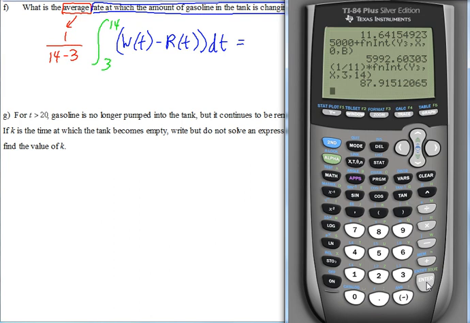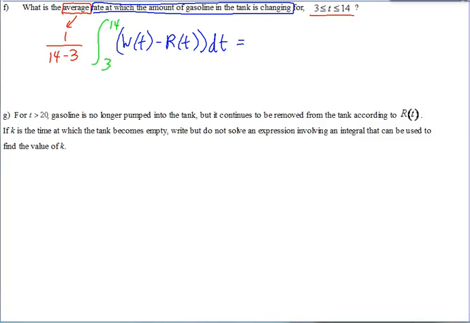That's 87.915. And the units are the same as W of t and R of t, because we find the average of that, which is in gallons per minute.